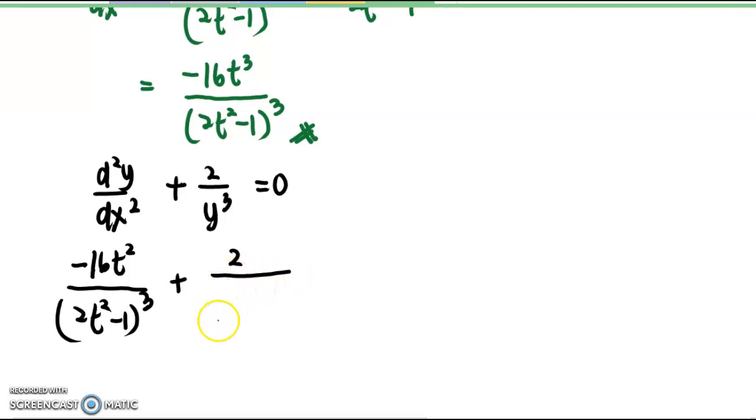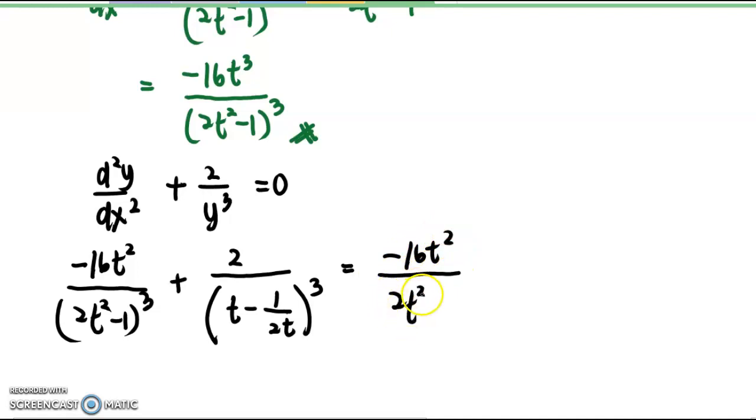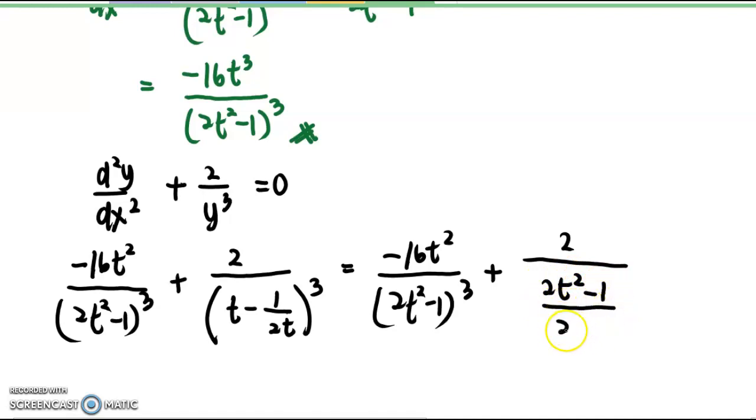So we have our y. y is t minus 1 over 2t. So we are going to simplify the y. Negative 16t over 2t square minus 1 cubed plus 2 over 2t square minus 1 over 2t, cubed.